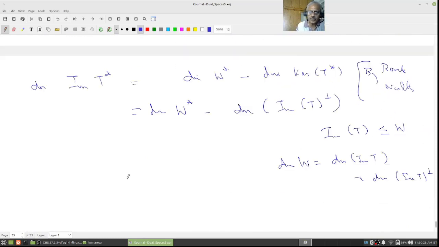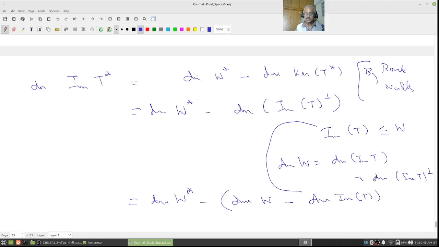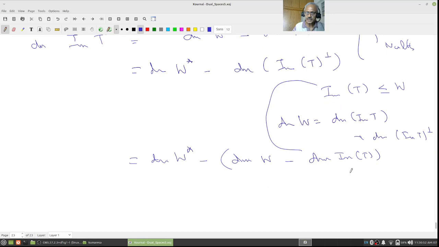Therefore, if I use that, this is equal to dimension of W star minus, dimension of W minus dimension of image of T. That is equal to dimension of W star minus dimension of W plus dimension of image of T. But we know these two have the same dimension.